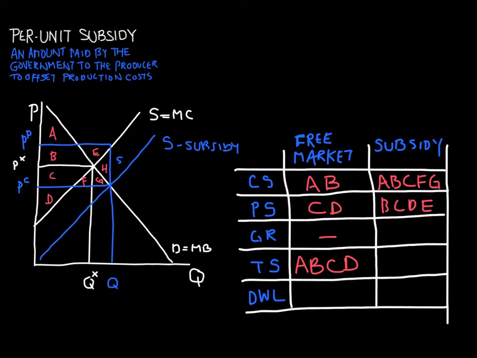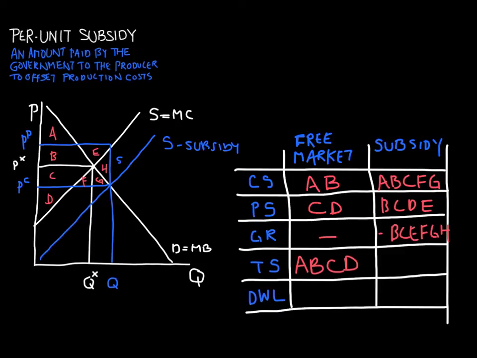They're going to pay for this subsidy now, and that is that rectangle I showed you earlier. So it's this rectangle, the subsidy multiplied by the quantity. So B, C, E, F, G, and H is going to be the amount of money that the government is going to have to pay out. So it's going to be a negative B, C, E, F, G, H.